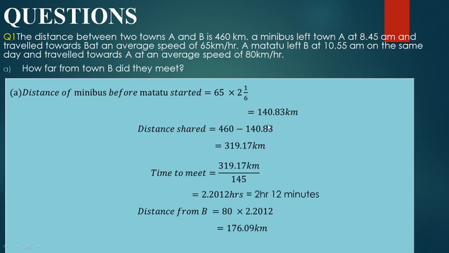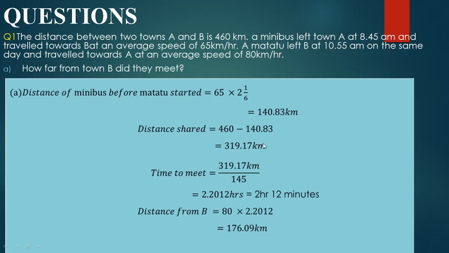So there is this shared distance, the distance they are going to cover together. The shared distance will now be 460, the whole journey, minus the distance already covered, which gives you this. And this is the distance we use with the relative speed to find the time they will take to meet.